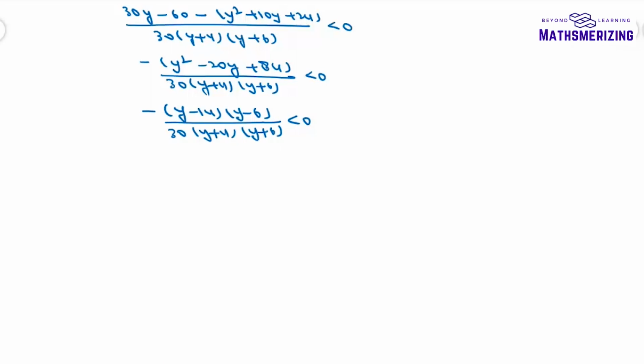So now if I take a number line and mark all the points, I can write it as minus 6, minus 4, 6 and 14. Now the sign of the rightmost is minus. So this is minus, plus, minus, plus and minus. Now what do we need? We need less than 0, which is minus.